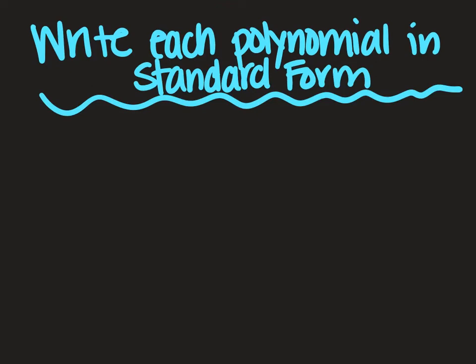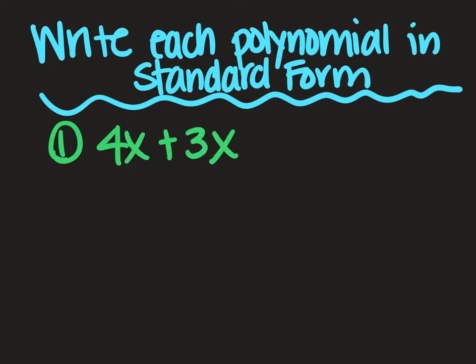We are going to now go over how to write polynomials in standard form. First up, we have 4x plus 3x squared. Okay, when you write in standard form, you want to remember that you go from the highest degree to the lowest degree, from left to right.